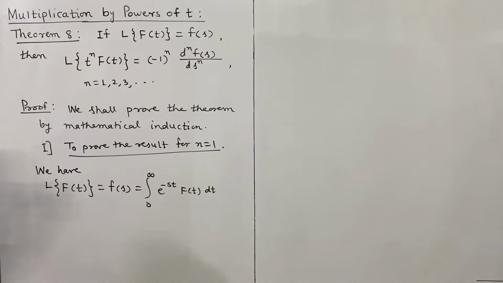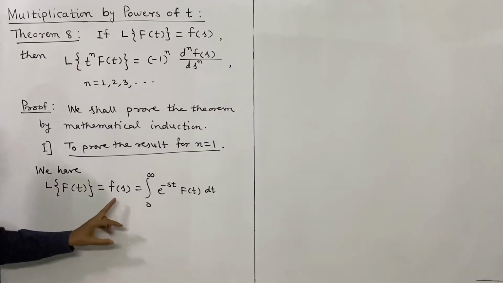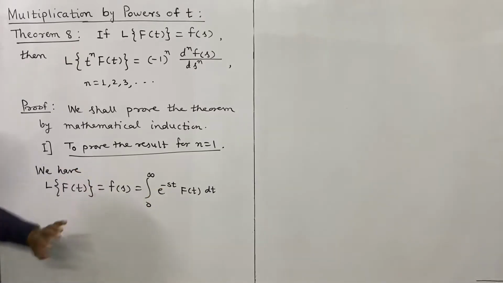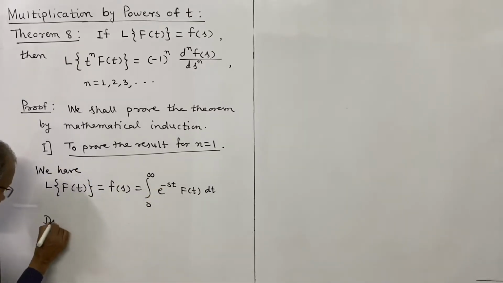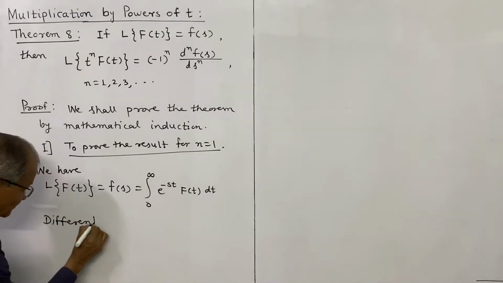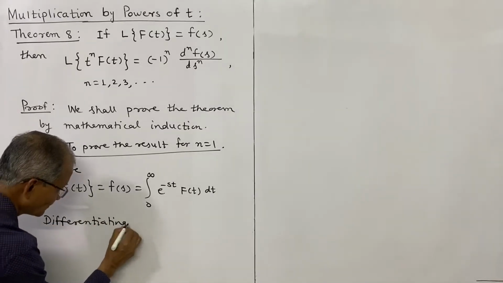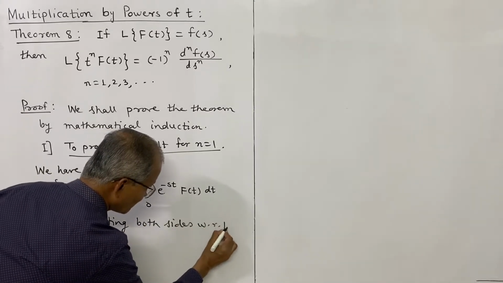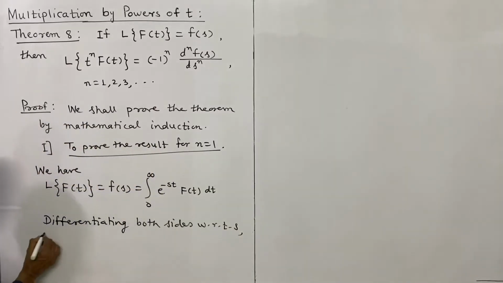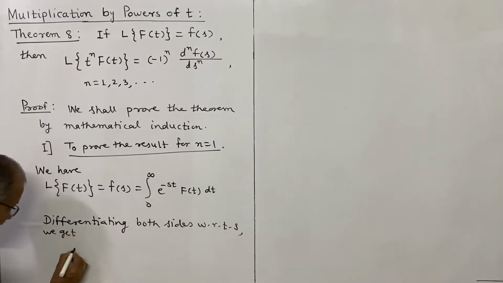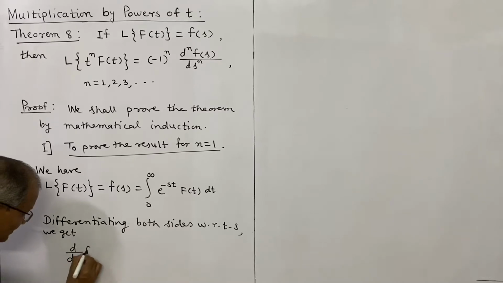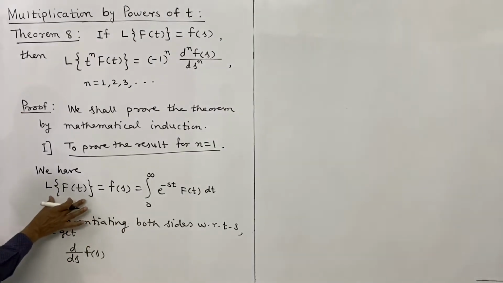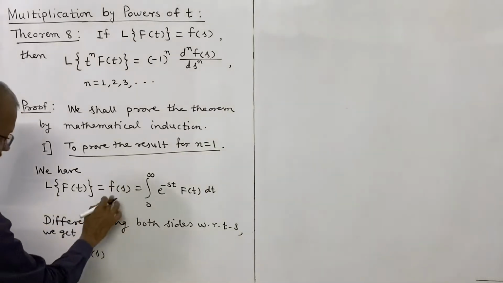Now what we shall do is differentiate both sides with respect to s. F of s is this, and we differentiate both sides with respect to s. On the left side I shall write d by ds of f of s, the actual Laplace transform of f of t, but it is small f of s.